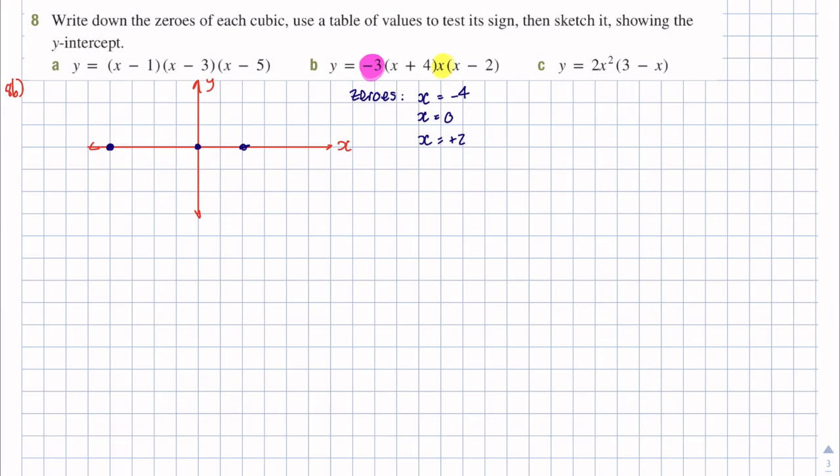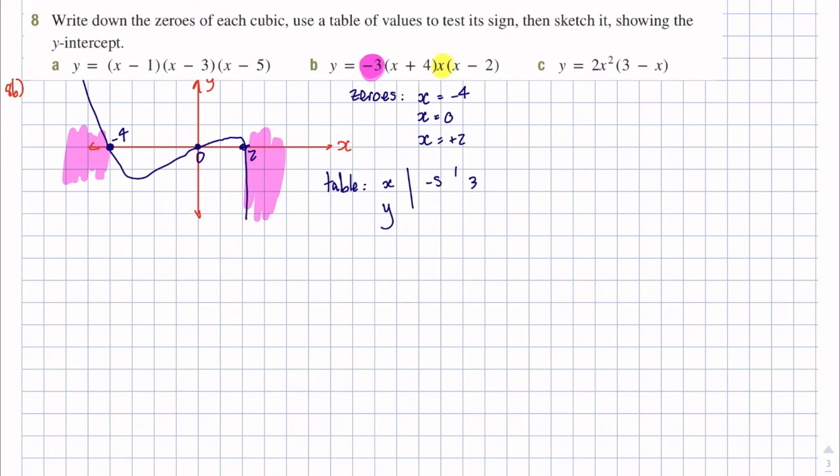Oh, gosh. Pretend that looks good. But if we wanted to do a table, we'd pick one of the values either below the lowest 0 or above the highest 0. So this is 2, this is 0, and this is -4. So we could have done x equals -5, or we could have done +3.